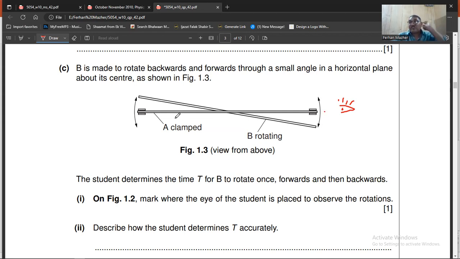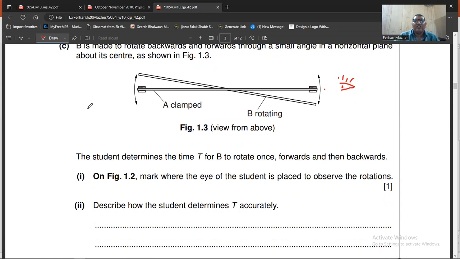So count 10 swings using a stopwatch. When you start counting, start the stopwatch. After the 10 swings, stop the stopwatch. Then you will get the time for 10 swings. Divide that time by 10. That will give you the time of one swing.